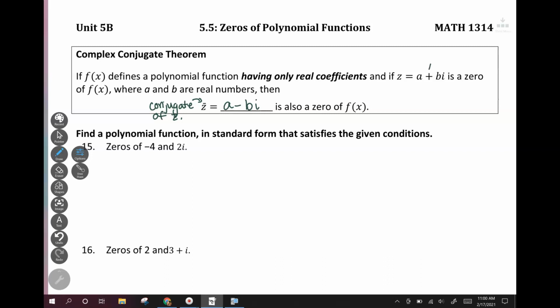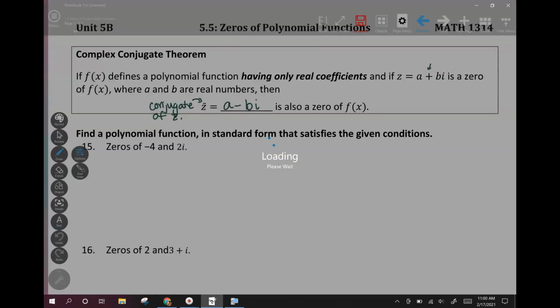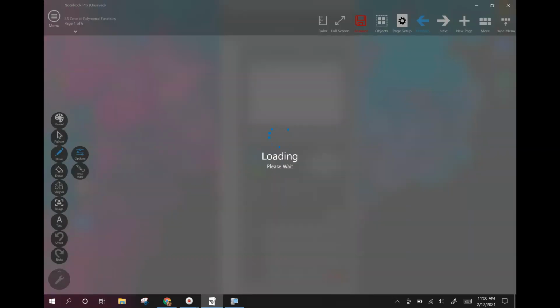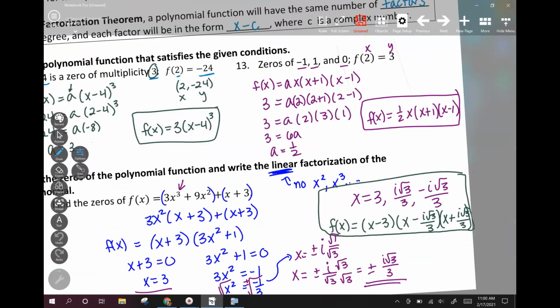Remember, all that changes is the middle sign when you're getting the complex conjugate, or the conjugate of a radical number like 1 minus the square root of 2. The conjugate is 1 plus the square root of 2. And so in either case, the conjugates are also going to be zeros. So if a plus bi is a zero, then a minus bi is also a zero. And you can actually see that in the example that we just finished on the previous page.